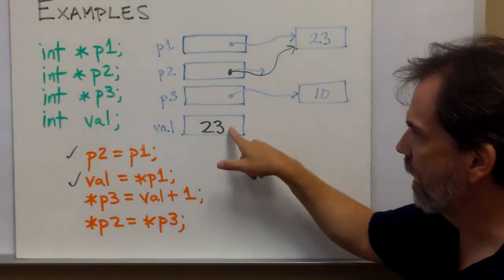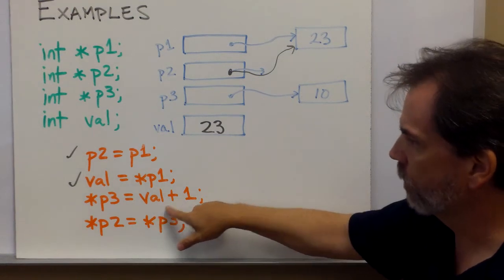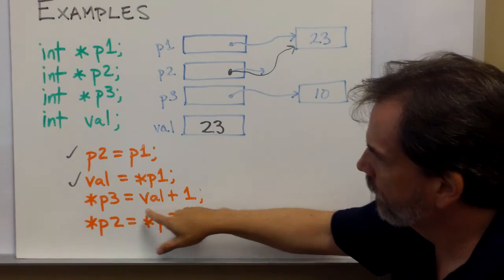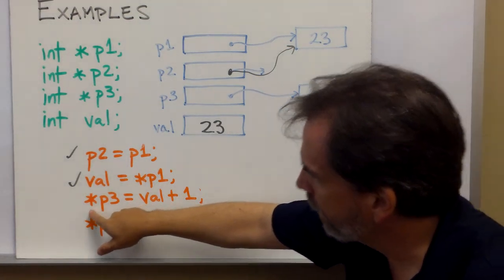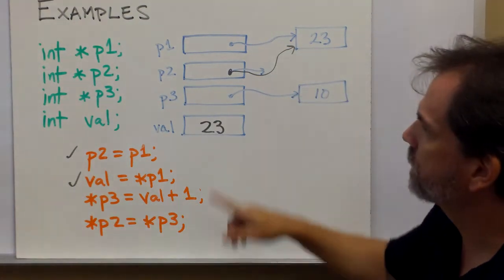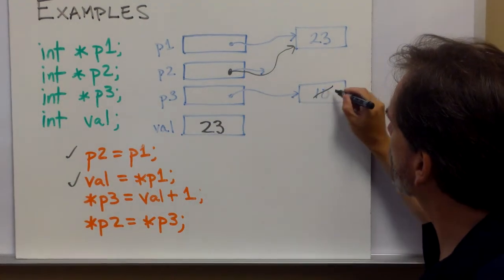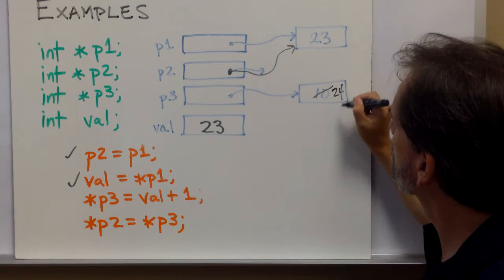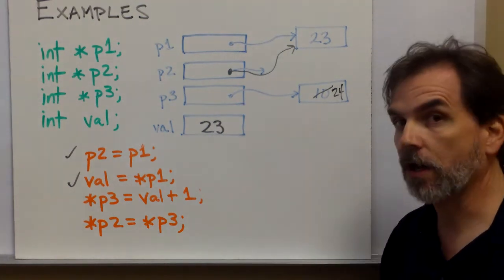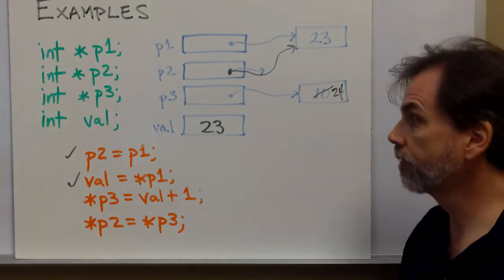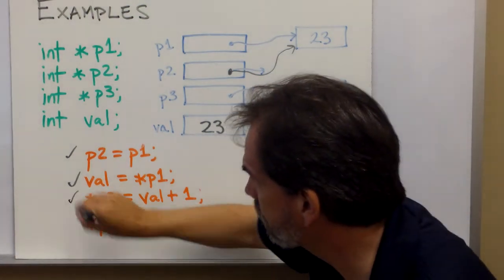So this would take the value of val, which is 23, we add 1 to it, right? So this expression is 24, and we assign that to the place where p3 points. We assign it to star p3. So that will change this memory location to 24. p3 didn't change at all. We're changing the thing that p3 points to. Okay, so now we've done that.